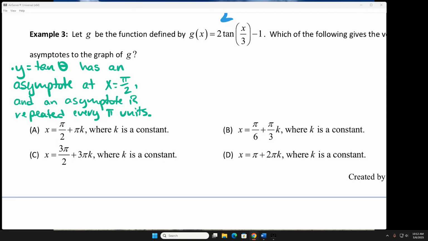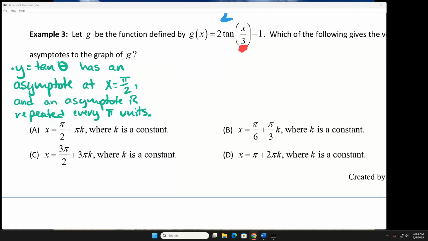All right, if your function has some kind of horizontal change, either a horizontal dilation or a phase shift, then that is going to move the asymptotes around. So this one definitely has that because of this 3. So we can apply that horizontal dilation to the original asymptote.